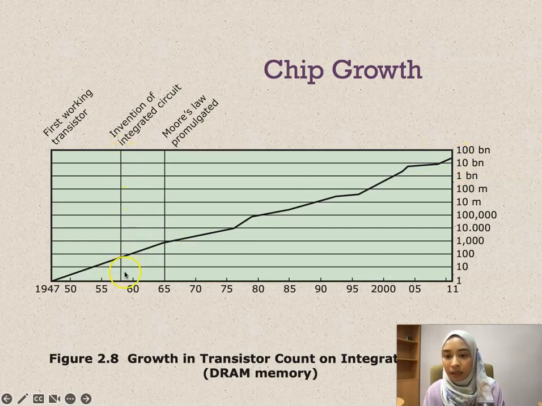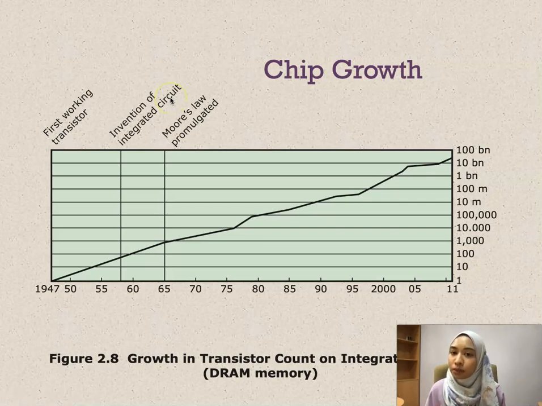And in 1955-ish, there was the invention of the integrated circuit, which means that we were using a lot of transistors or microelectronics. And then in 1965, we saw that the number of transistors used increased to 1,000 transistors, and this number keeps on increasing linearly, as you can see in this graph.